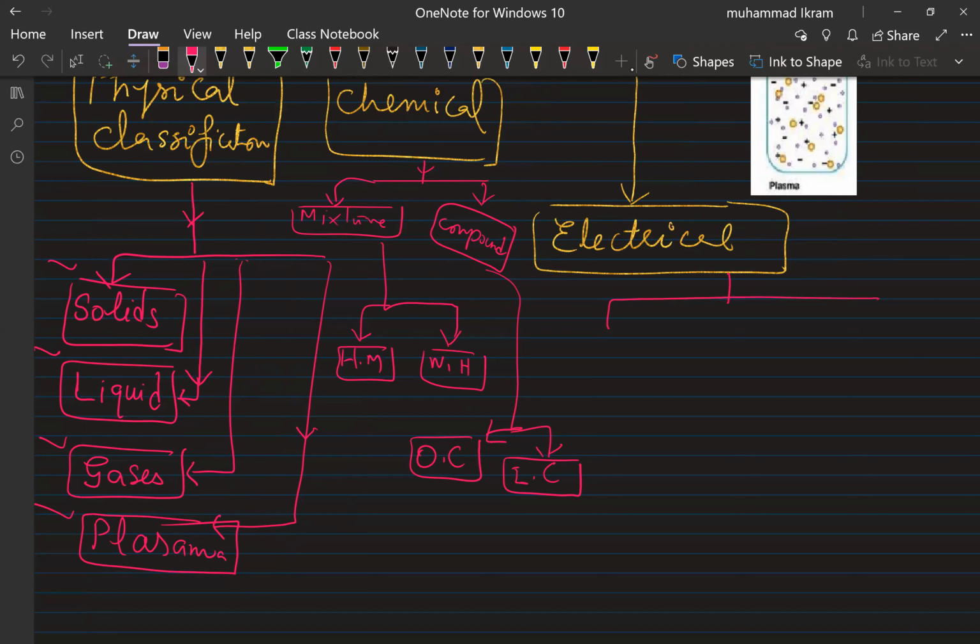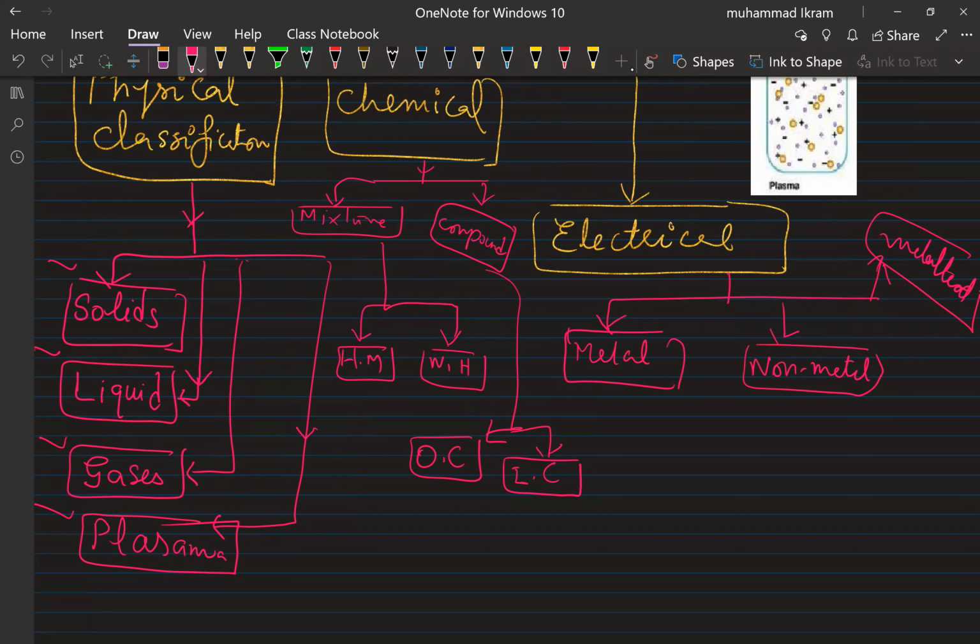And of course, the electrical classification is of our broad interest. The teacher might have told you about the metals, right? And the non-metals, and a third category, the metalloids, like conductors, insulators, and semiconductors.